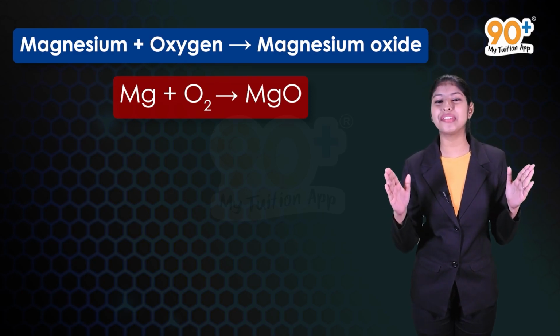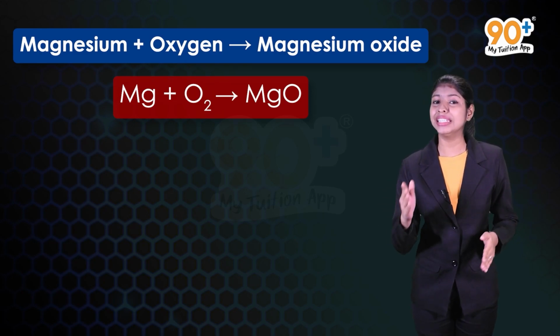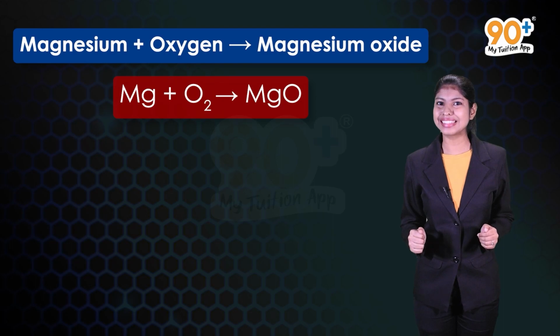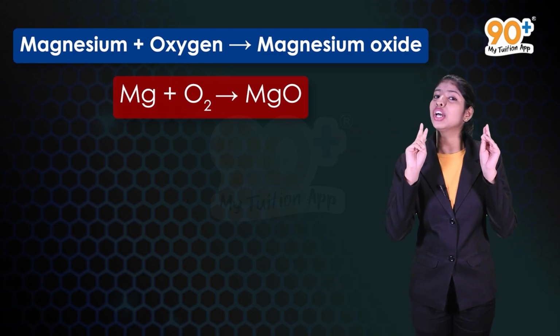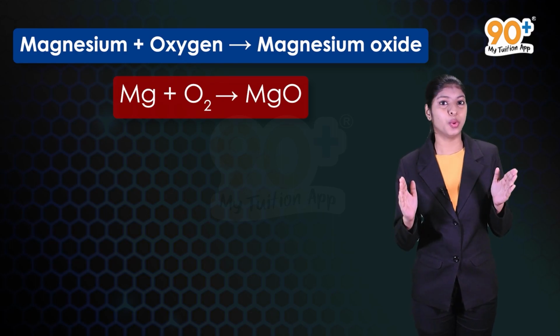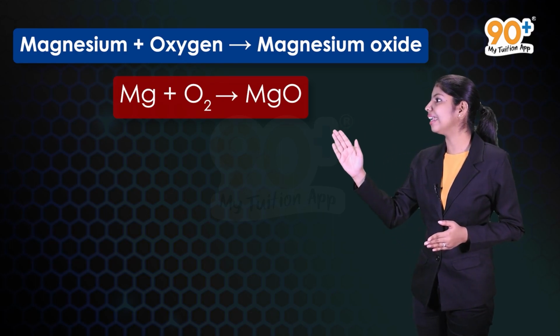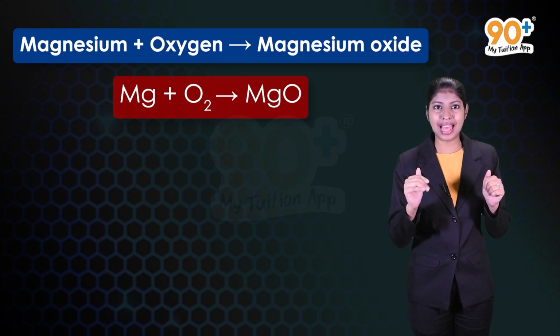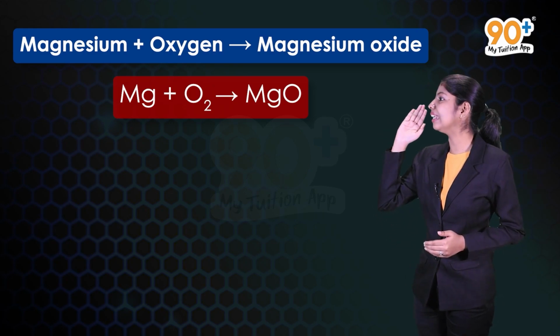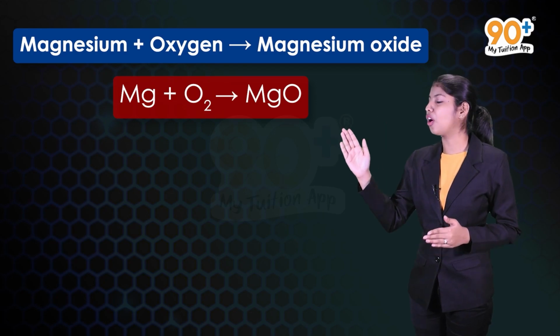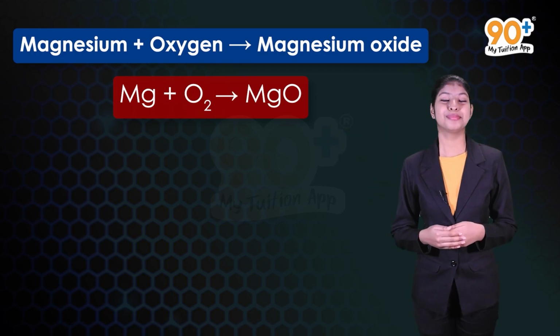Is the number of atoms of each element the same on both sides? No, because the left hand side contains 2 oxygen atoms, whereas the right hand side contains only 1 oxygen atom. What about magnesium? We can say that it is equal in number on both sides.